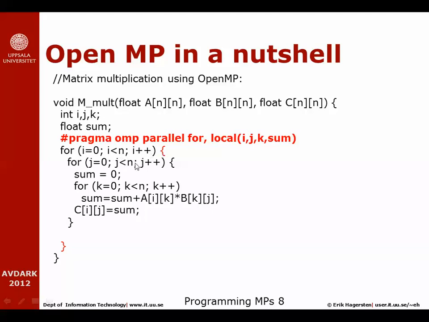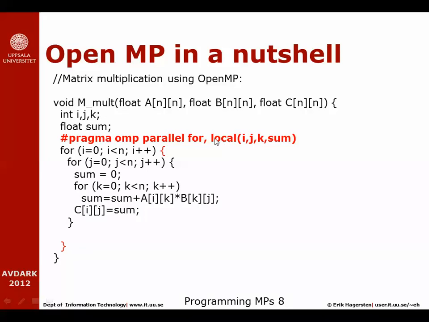where each of these n threads will do the j loop and the k loop and put all the results back into matrix C. And of course, if we hadn't declared that i, j, k, and sum were to be local variables, all these parallel threads would start to write over each other's value of sum.